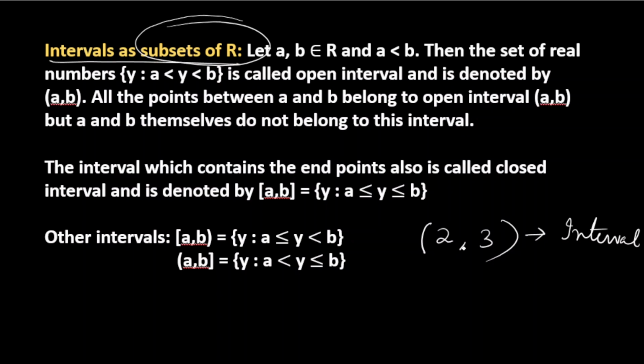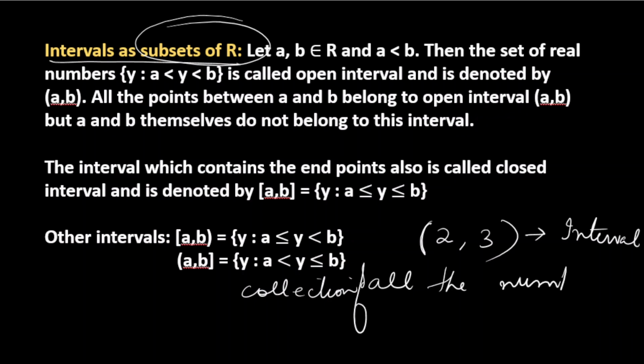See, if I'm taking this interval (2, 3), it means the collection of all the numbers between 2 and 3. Between 2 and 3 means here we are not including 2 and 3.